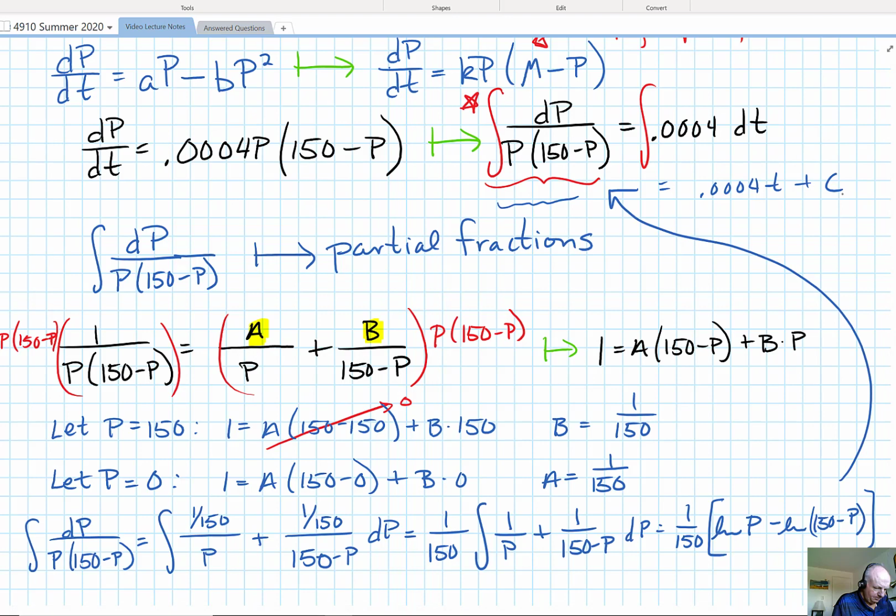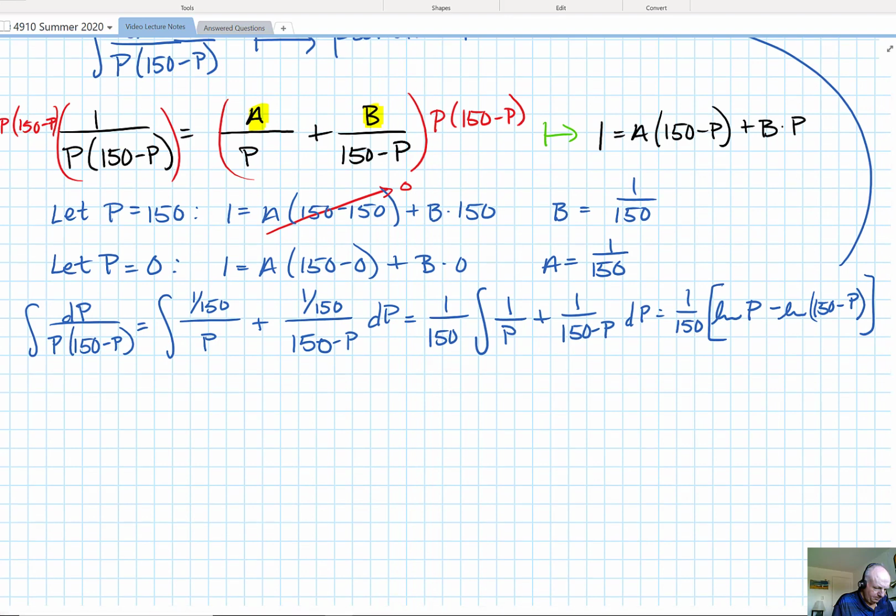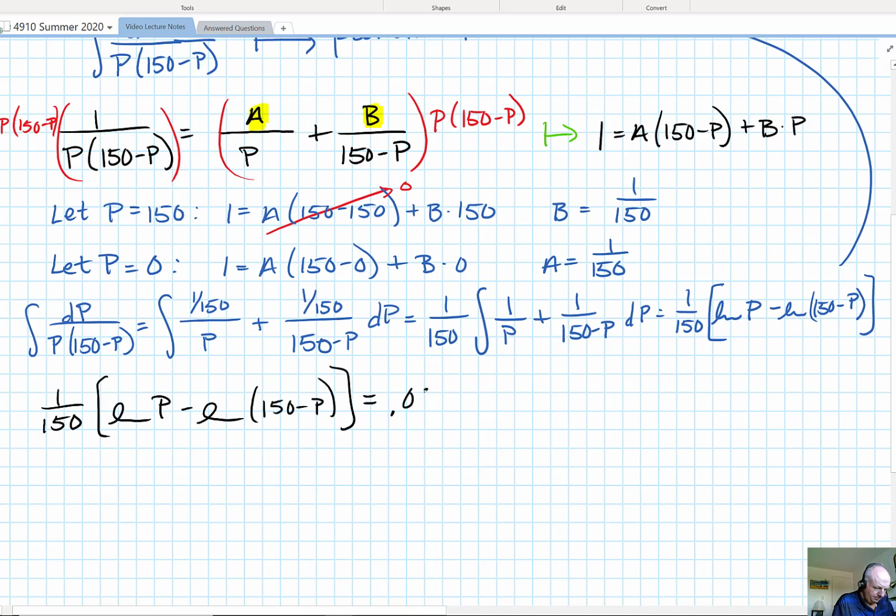Okay. Of course, the way we do that is let's write down where we're at right now. So right now, this is where we're at: 1 over 150 times ln of P minus ln of 150 minus P equals 0.0004 t plus C. Let's multiply both sides by 150.